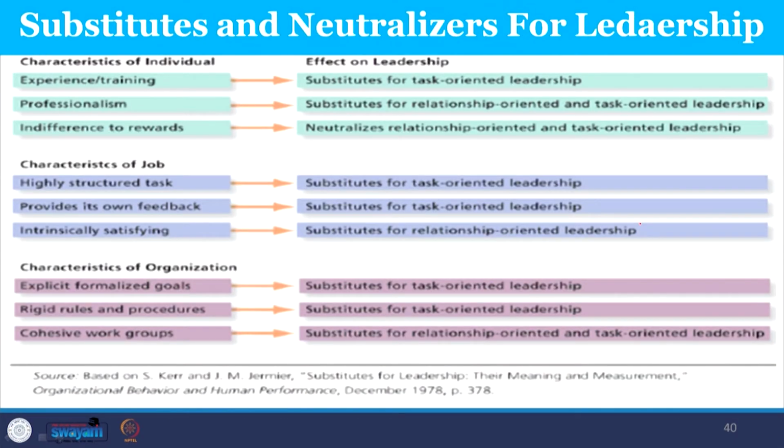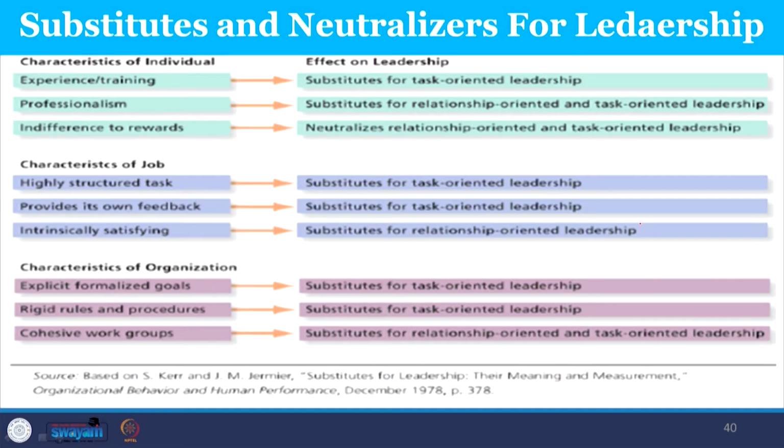Next, I will discuss the substitutes and neutralizers for leadership. In certain situations, when the characteristics of individuals include experience and training, professionalism, or indifference towards rewards, what would be the effect on leadership? Say, for example, experience and training will be a substitute for task oriented leadership.